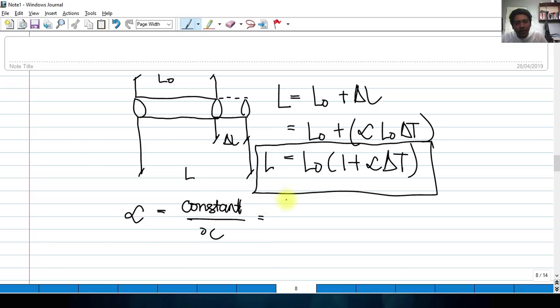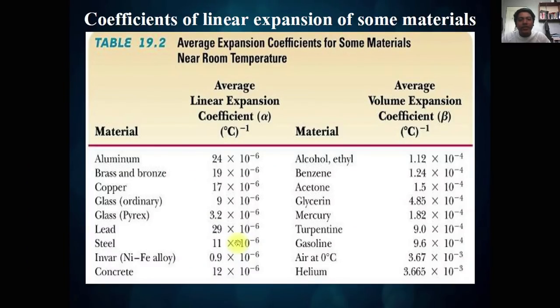For example, the coefficient of linear expansion of steel, which we have seen a while ago, is 11 times 10 raised to negative 6 per degree Celsius. That's the unit of our coefficient of linear expansion.